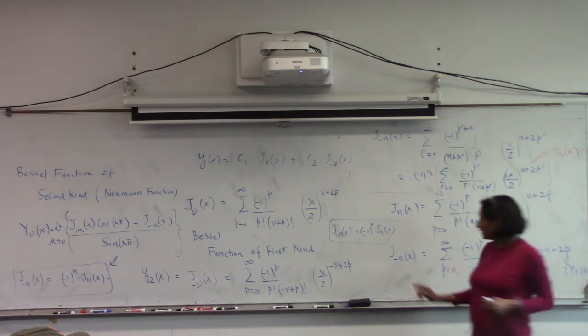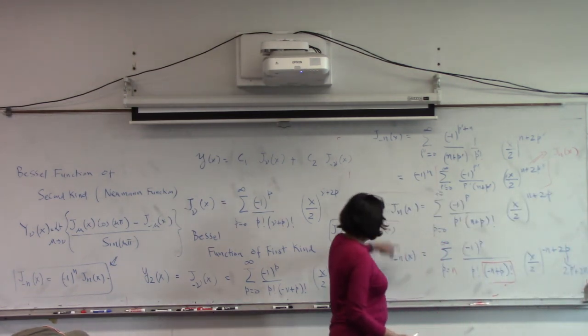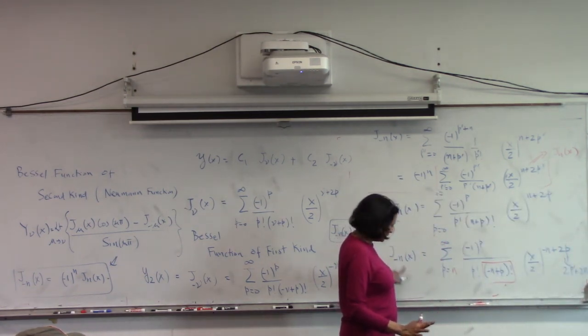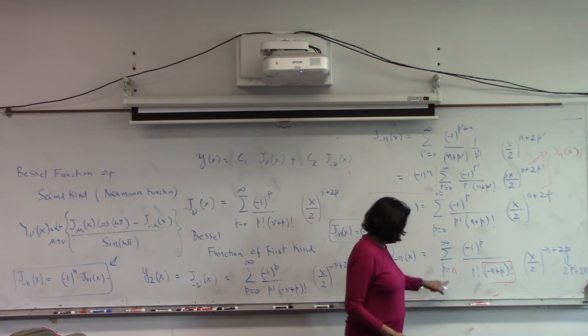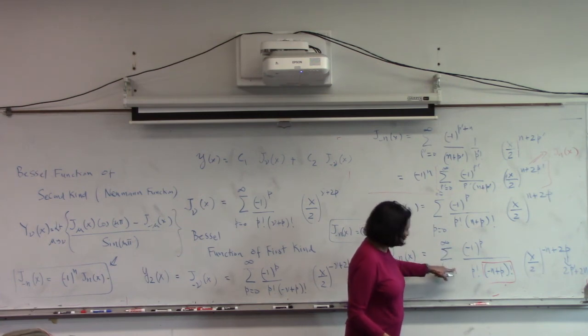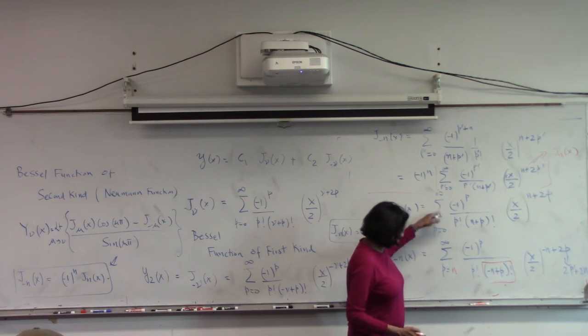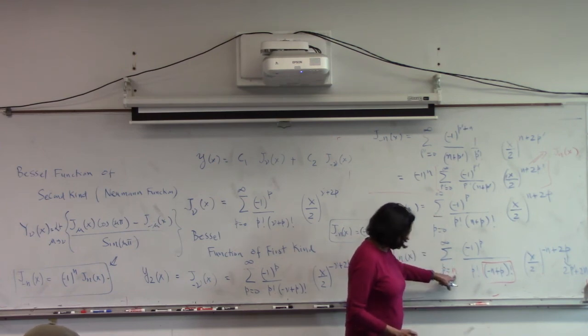You have the definition of the Bessel function, you just change n to minus n, okay? And we know n is an integer, and negative integer factorials don't exist. So in the summation, all the terms from 0 up to n will vanish, right? They will not contribute.